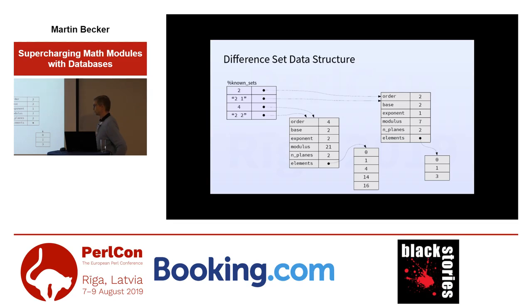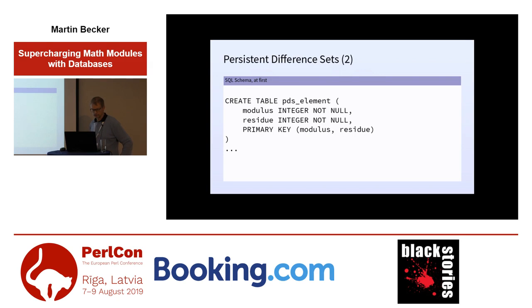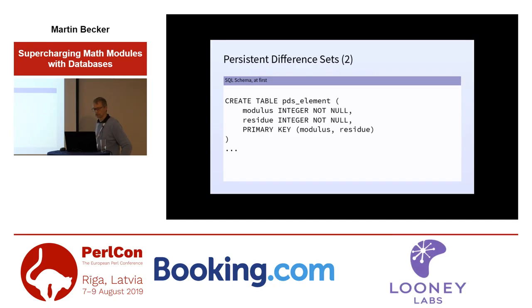And this is a 1-to-n relation we could model in a relational database. For example, like this. This is an element of the set, and several of these elements belong to one set object.